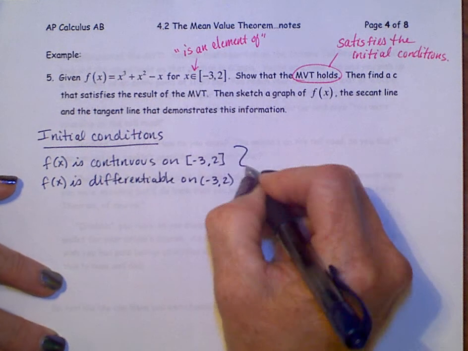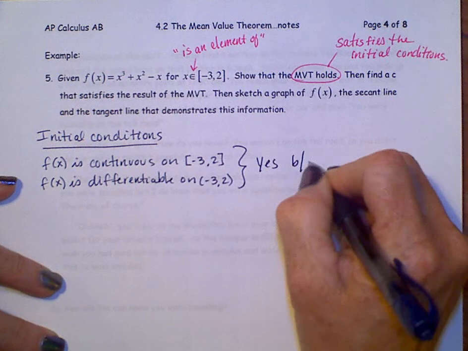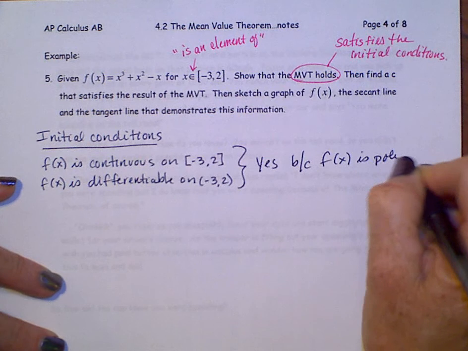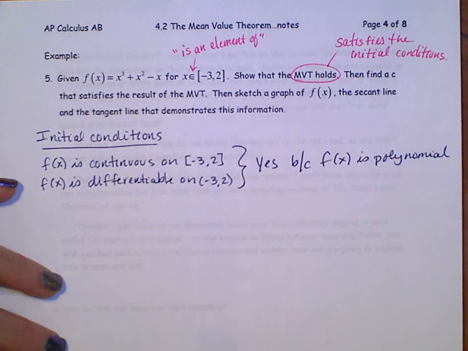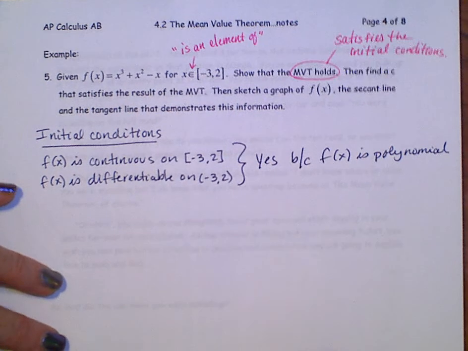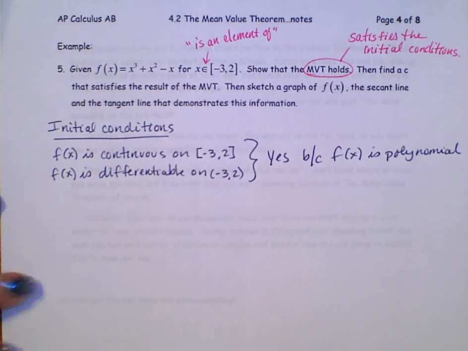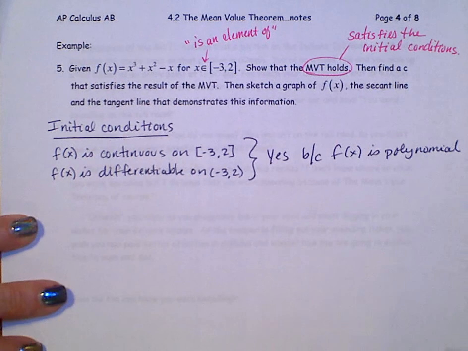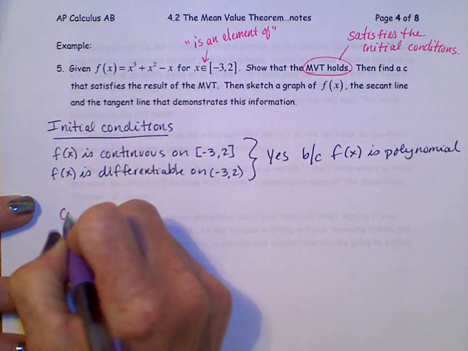Both of those are yes because f of x is a polynomial, and polynomials are smooth and continuous. Smooth being the differentiable part, no corners or cusps or vertical tangents or anything like that going on. All right, once we have the initial conditions, then we can satisfy the conclusion here.